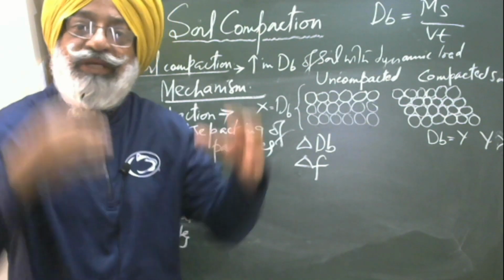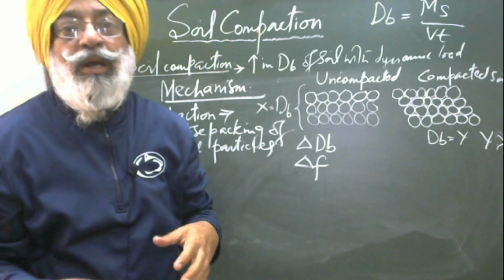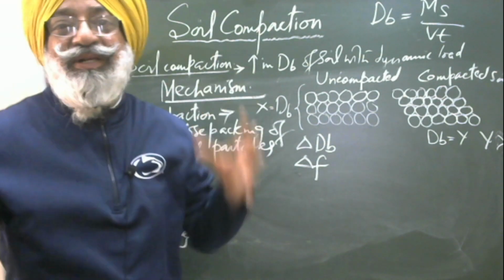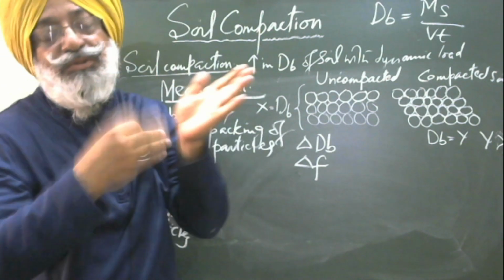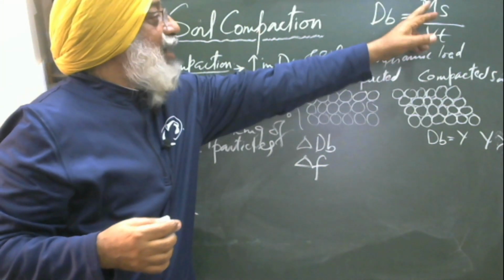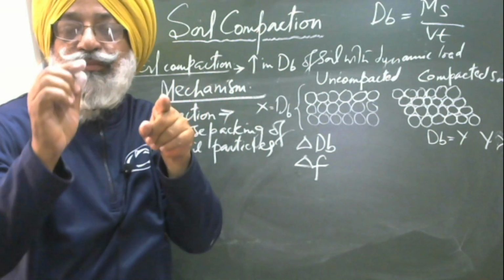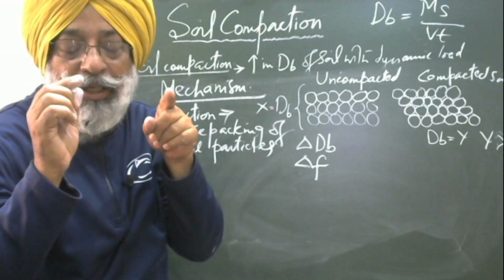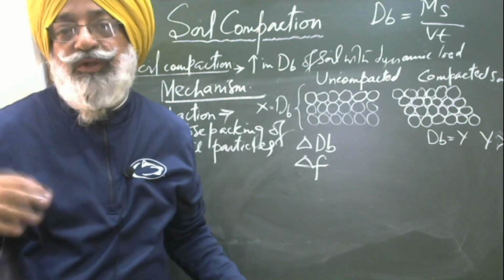This decrease could be the decrease in the total pore space, what you call porosity, or rearrangement of particles. These two things are important. Your volume: you have total volume, bulk density, mass of solid. Total volume means volume of solids, volume of air, volume of water; air plus water means volume of pores.